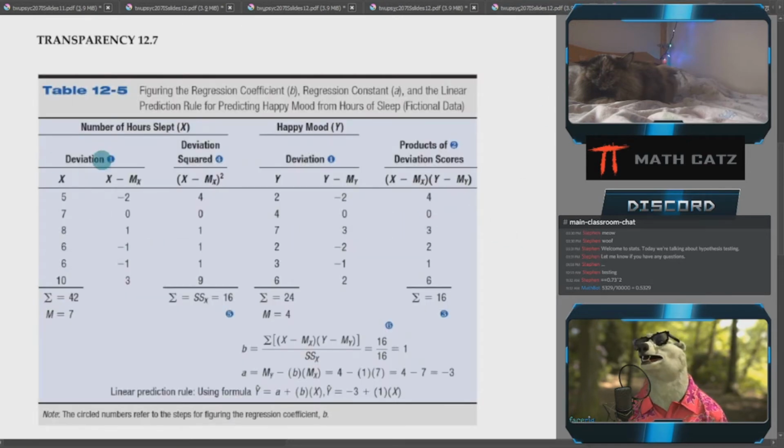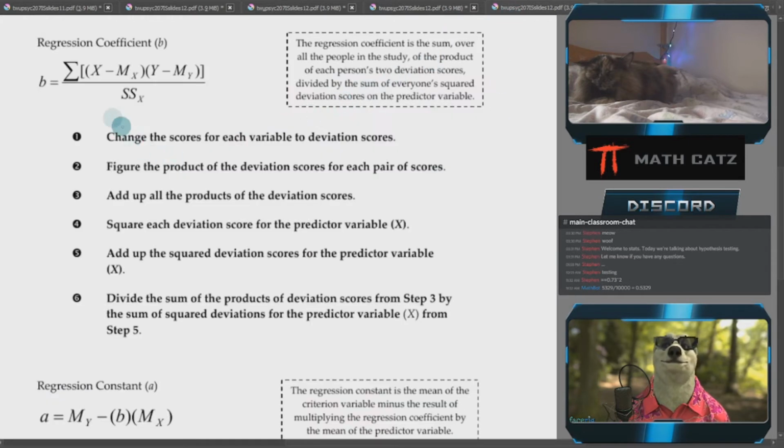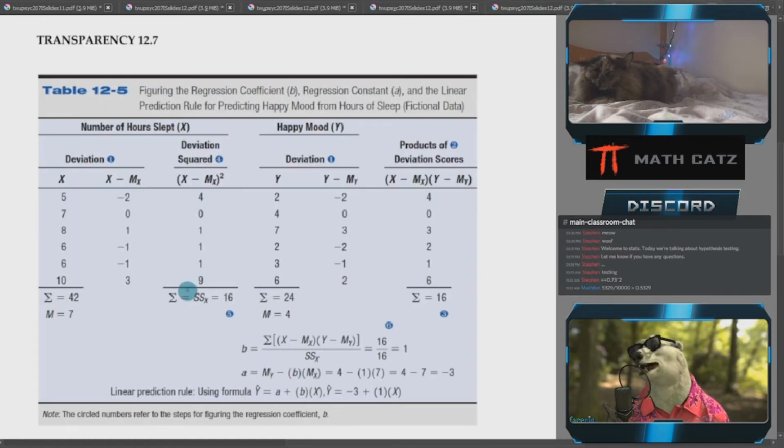So I calculate for x the deviation scores, and then squared deviations for the sum of the squares, which feature in my formula here, sum of the squares of the x scores. And then the deviation of the y scores, and I multiply those two deviations, sort of cross product there. And then I plug that into my formula to get a b of 1.